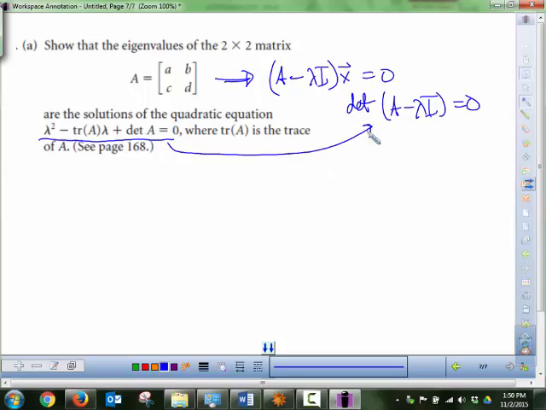That's what we want to get at. And so what we're going to do is we're going to see, hopefully assume or be able to see that the determinant of this thing is equal to lambda squared minus a trace of A lambda plus the determinant of A. And we'll see how that pulls out when we do the calculations.